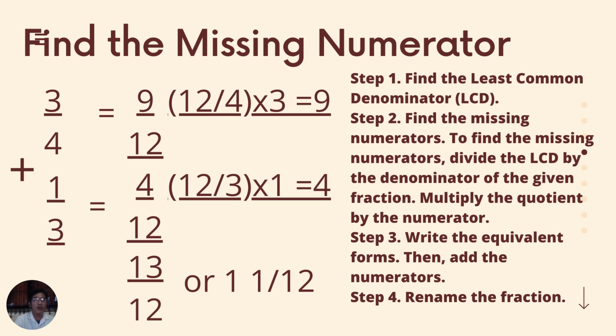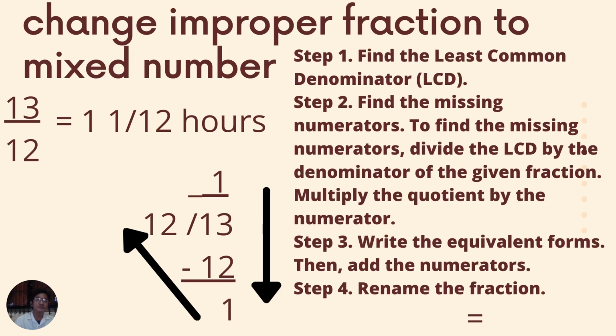How do we get 1 and 1/12? I will show you. Step number 4 is rename the fraction. How can we rename? 13/12 is equal to 1 and 1/12 hours. All we have to do is to divide the numerator 13 with our denominator, which is 12. 13 divided by 12 is 1. 1 times 12 is 12.